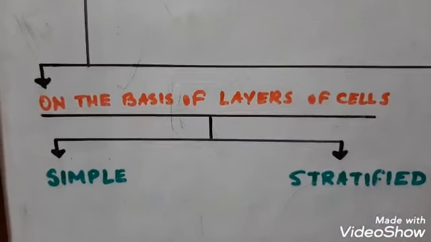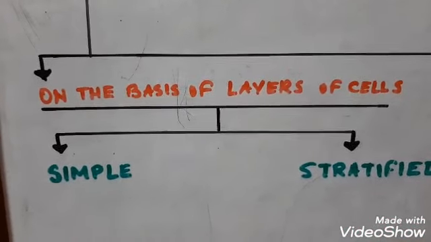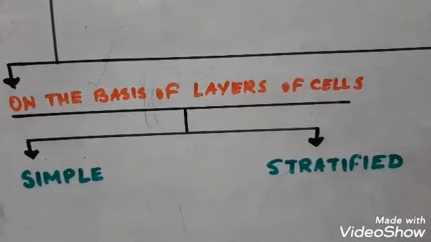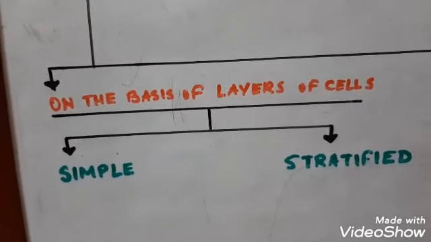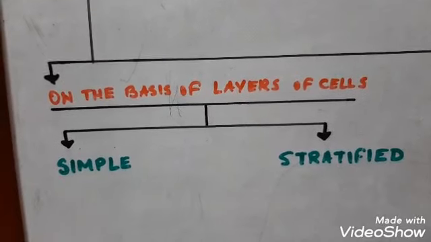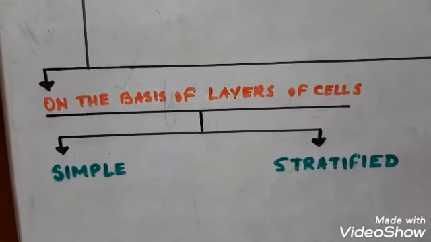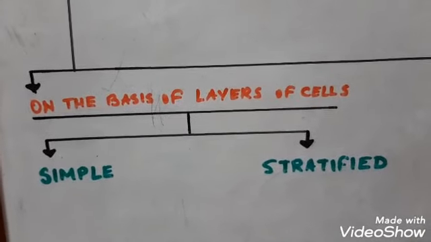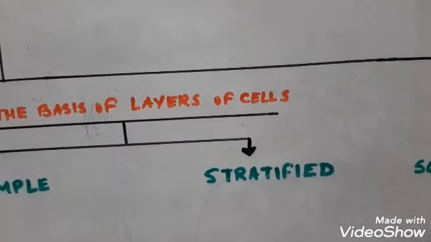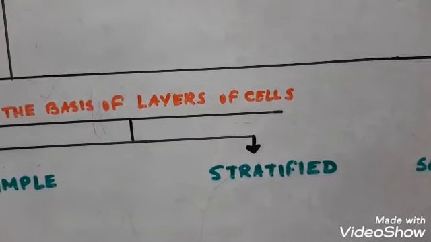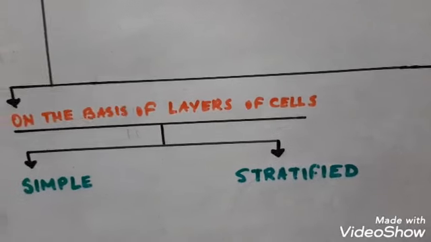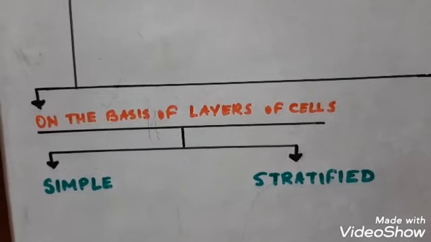On the basis of the layer of cells, the epithelial tissues are divided into simple and stratified. Simple means the tissue is made up of a single layer of cells. Stratified, which is also known as compound epithelium, is made up of more than 1 layer of cells.